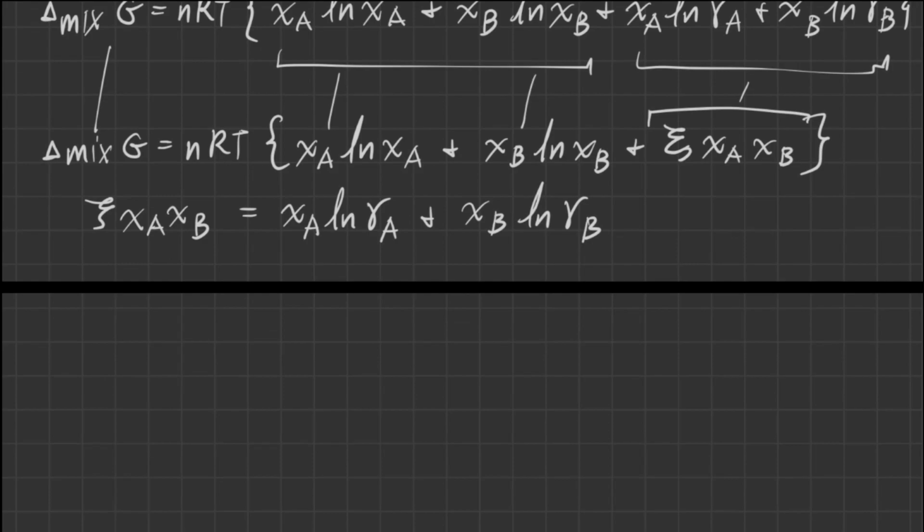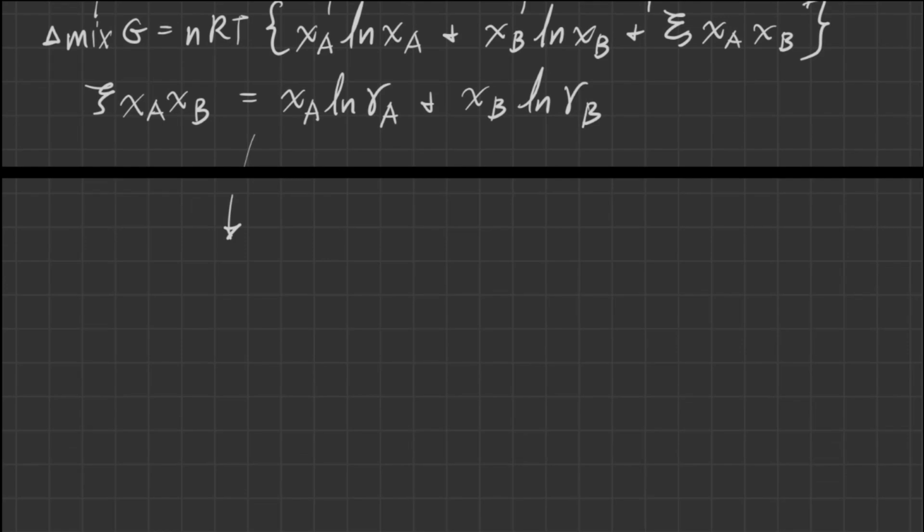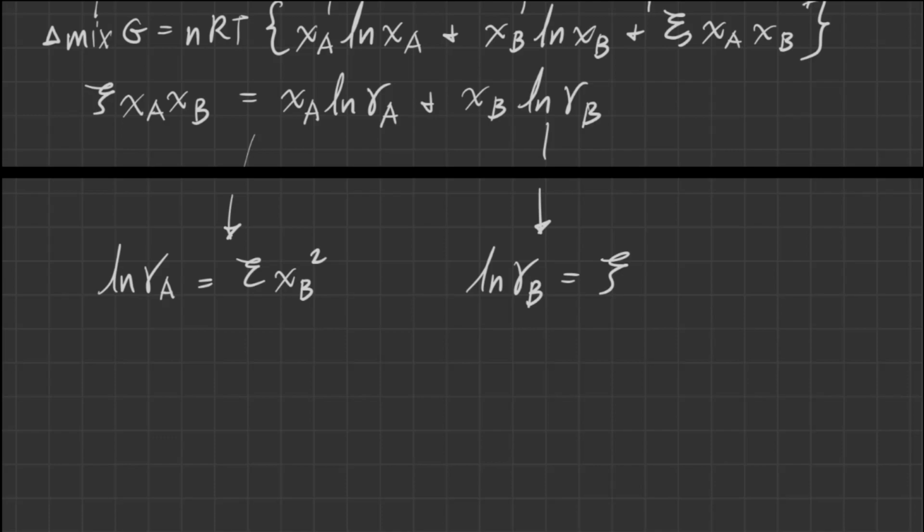So in order to make these two equal, we notice that the natural log of the activity coefficient of A must be equal to this xi term times the mole fraction of B squared. Similarly, the natural log of the activity coefficient of B is going to be equal to the xi term, it's a terrible xi, but whatever, times the mole fraction of A squared.